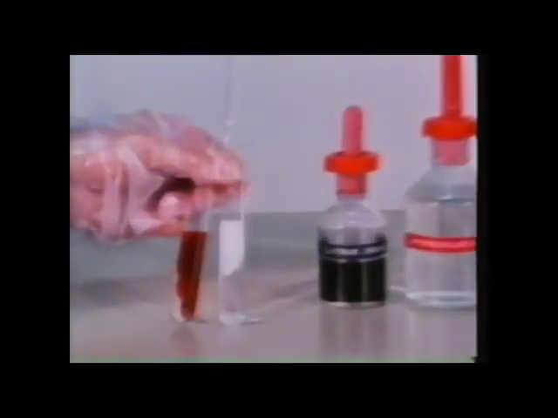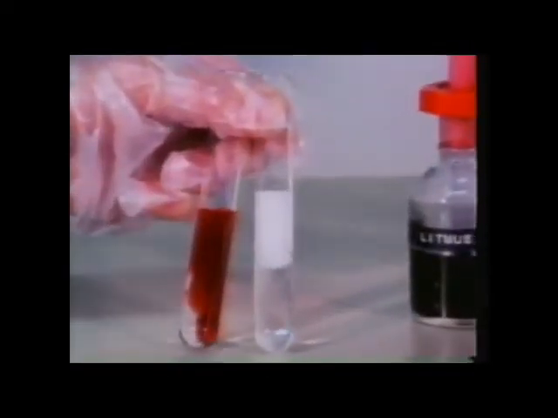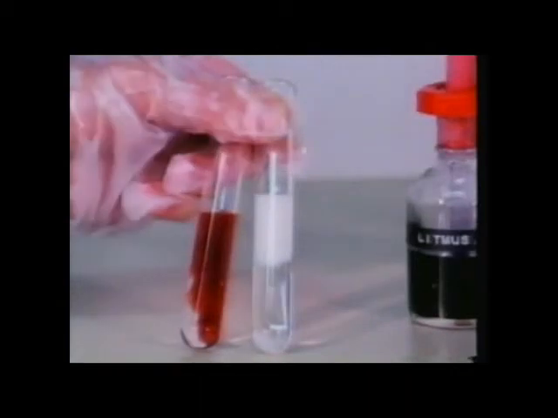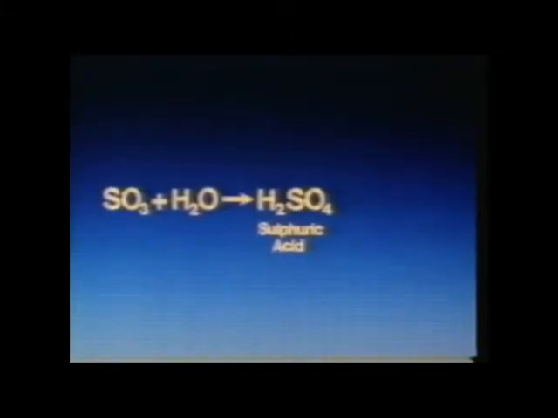This shows what's been formed. Sulphur trioxide reacts with water to give sulfuric acid, and a lot of heat.